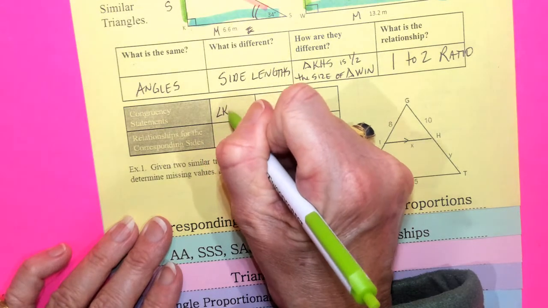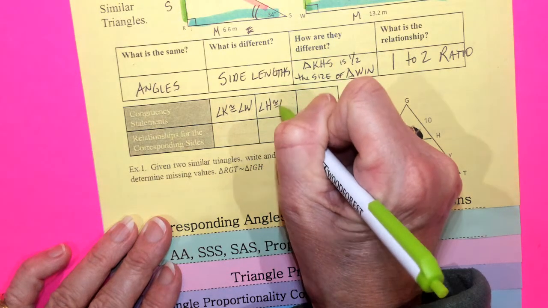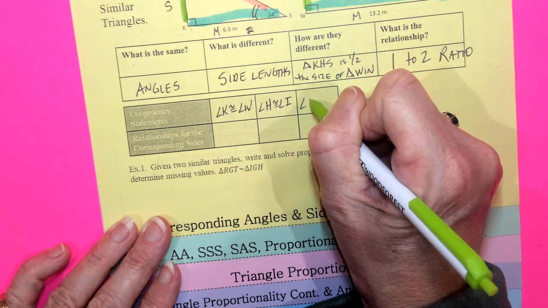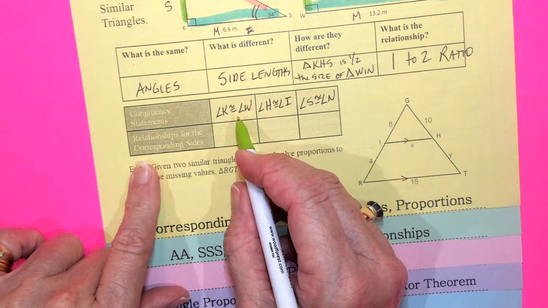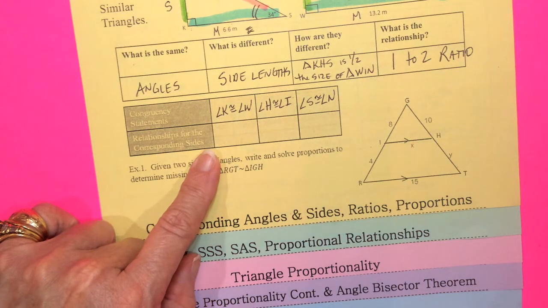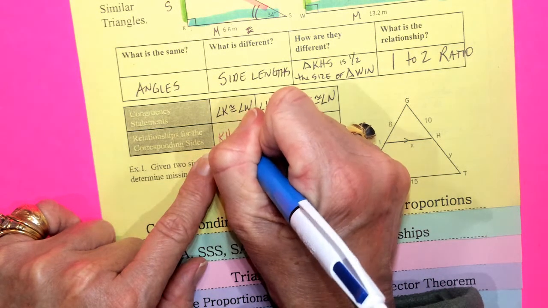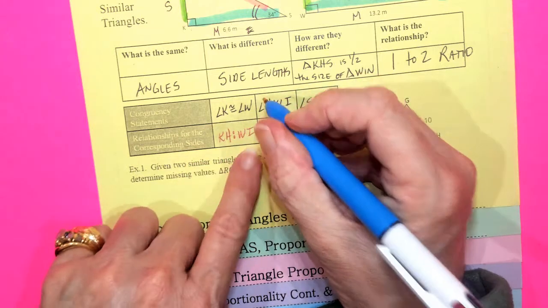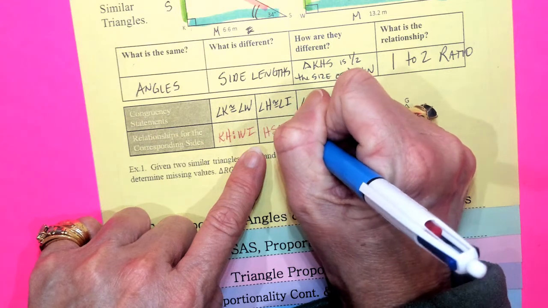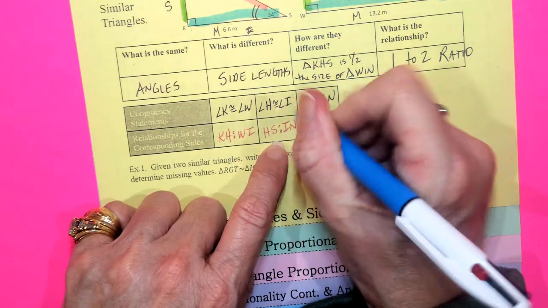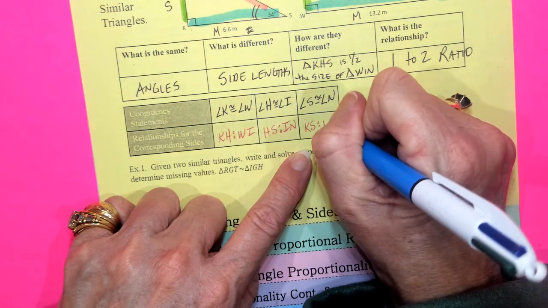So congruency statements. If we're going to compare the angles, we're going to say angle K corresponds to angle W, they're congruent, angle H is congruent to angle I, and angle S is congruent to angle N. And for the corresponding sides, why don't we just use our colon to show KH corresponds to WI, and HS corresponds to IN, and KS corresponds to WN.